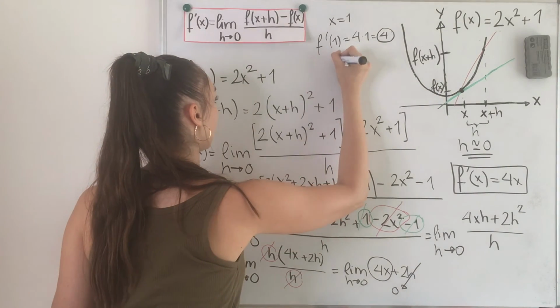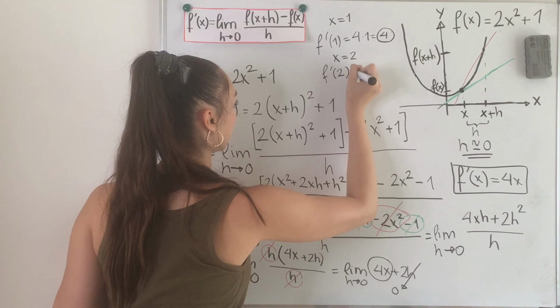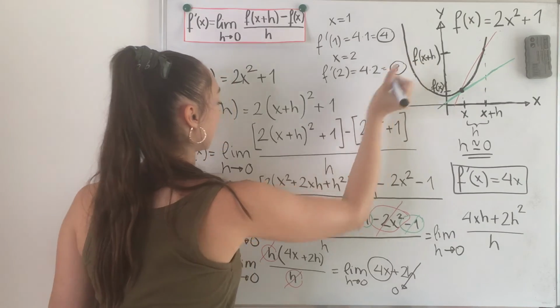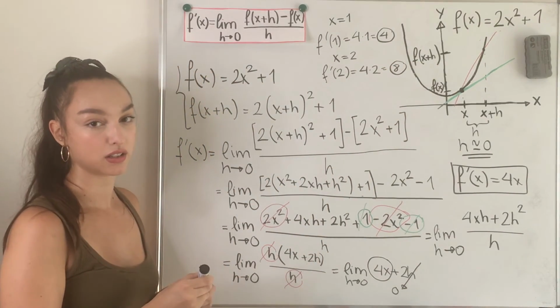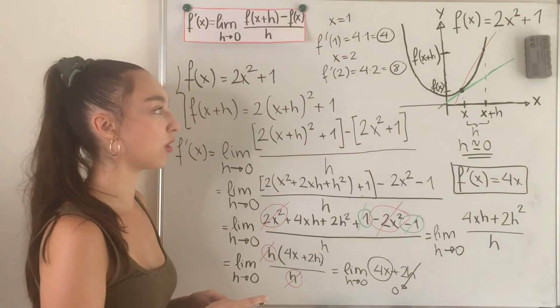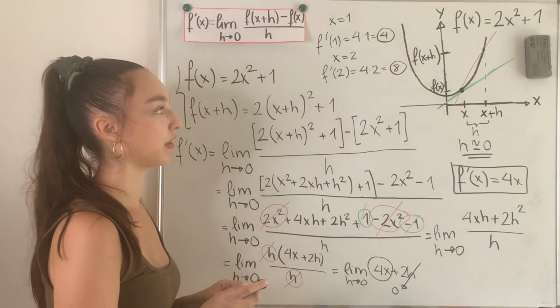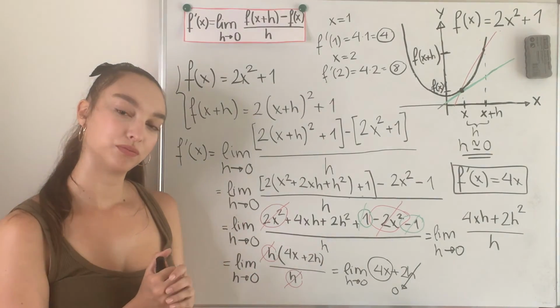Because when x is 2, the slope of our tangent line is 8. So as you can see, the value of the slope of the tangent line varies in each point of our function.